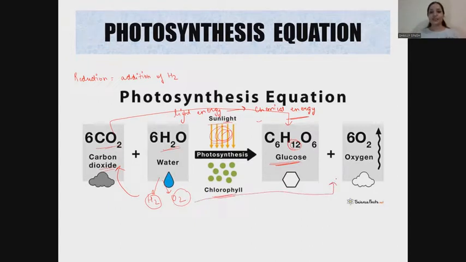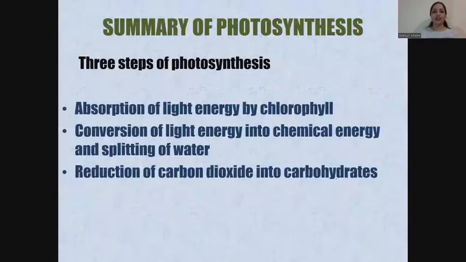Students, it's time to summarize what we have just learned. We call photosynthesis the absorption of light energy by the chlorophyll, and this chlorophyll pigment is present in the specialized organelle known as chloroplast.